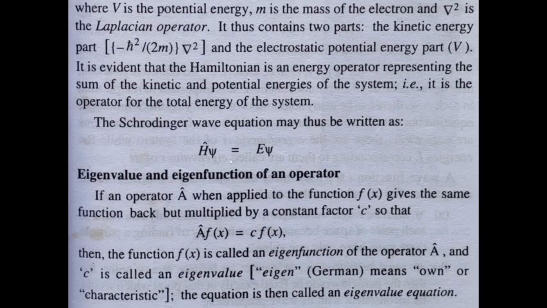Okay, so when you look at the Schrodinger equation, you can see that the operator acting on the function gives the same function back multiplied by the constant E, the energy.